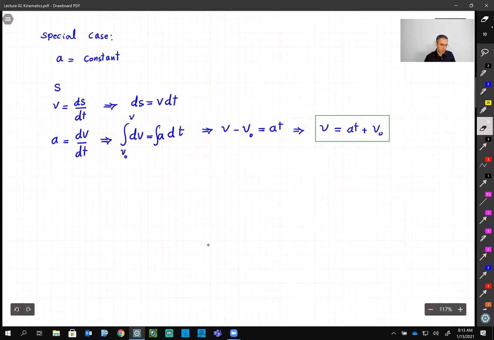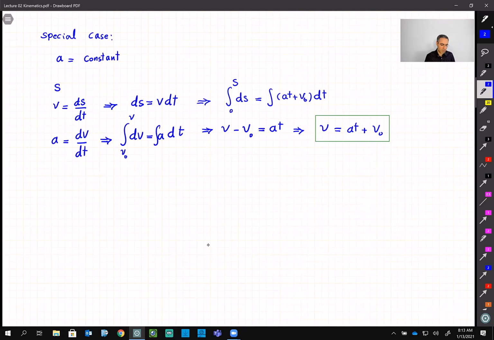If I substitute this v in the previous formula, then I write the integral of ds is equal to the integral of, instead of v, at plus v0 dt. Maybe we started from reference 0 and we get to the point s, and acceleration is constant, and time we start from 0 and we get to any time t.